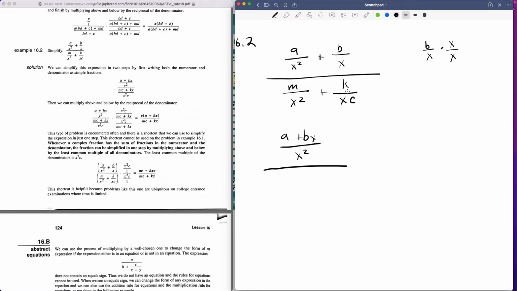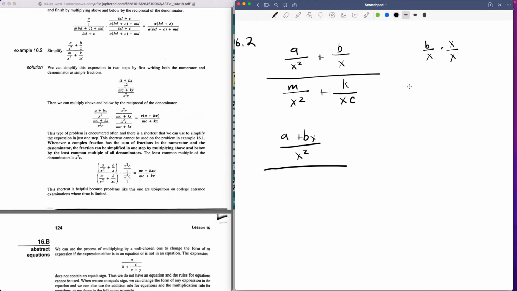Now I'm going to do my denominator here. So here I have x squared and I have xc. So I'm going to find the common denominator of x squared c. So I need to multiply this fraction by x and this fraction by c.